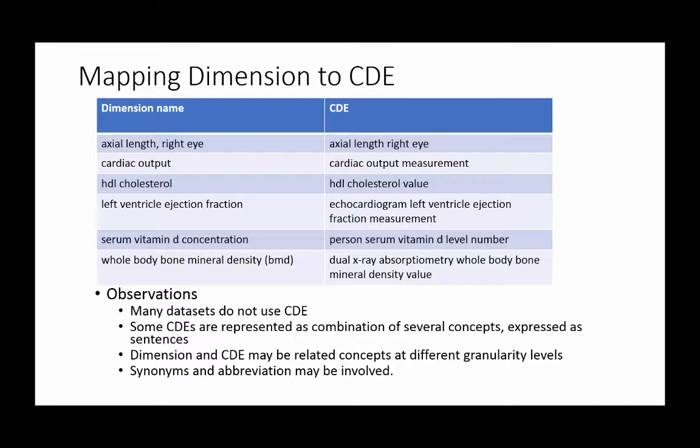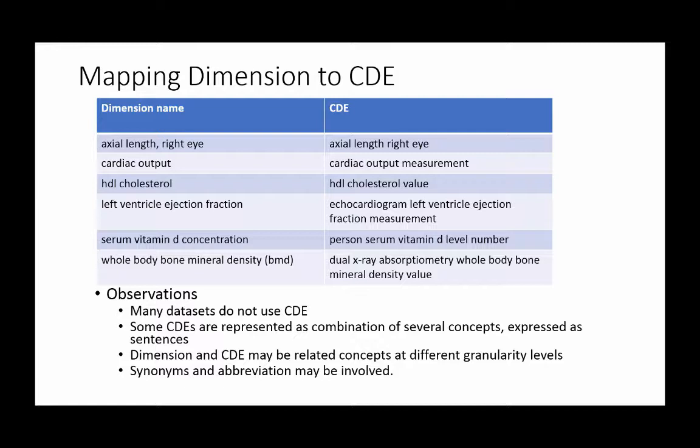But I still want to show some. Right now we just did a simple similarity-based approach, using the vector space model to calculate the dimension variable against the CDE. The algorithm is simple. Some of them are actually fine, like the few examples I showed you, like cross rate with cross rate value. Those are okay.